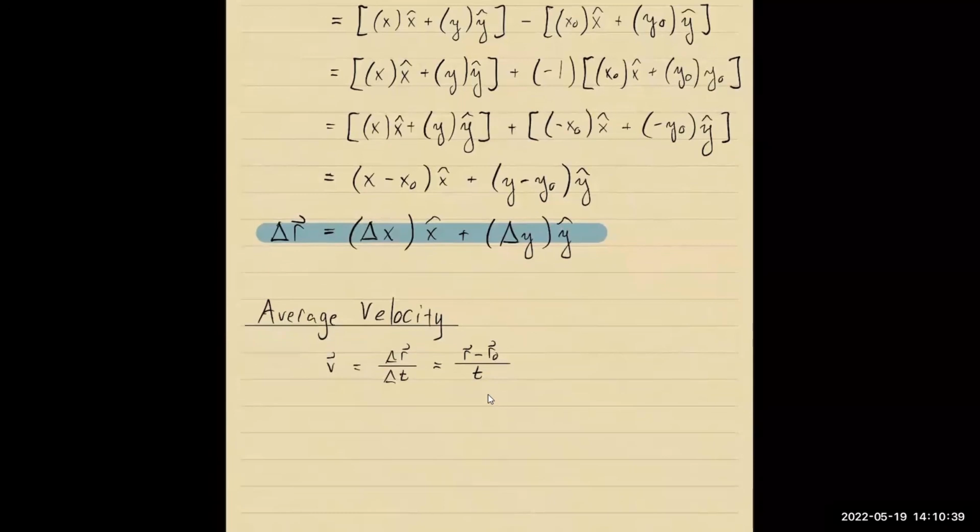We can actually break this down even further. Notice how we have defined the displacement in 2 dimensions. We know that r minus r naught is equal to the displacement of x in the x direction plus the displacement of y in the y direction. So let's write that down.